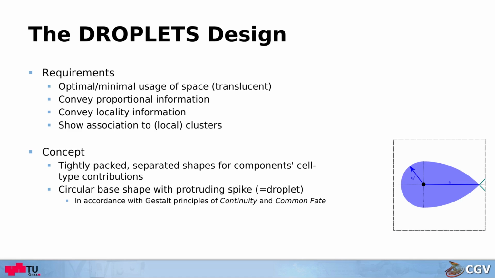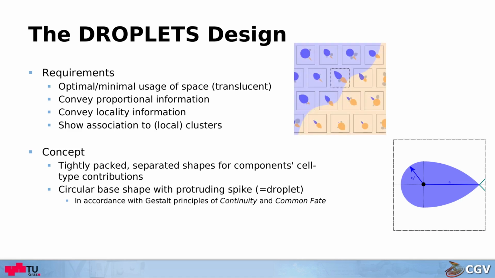The extent of this spike reflects the size and proximity of the respective cluster. This marker design emphasizes latent borders of regions with similar cell type contributions and facilitates the recognition of coherent regions.